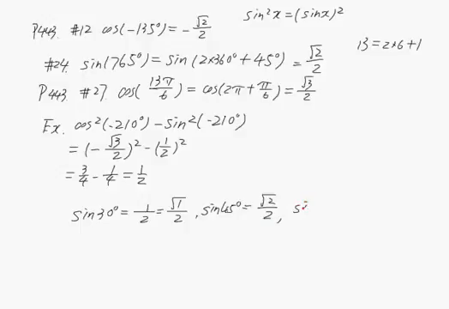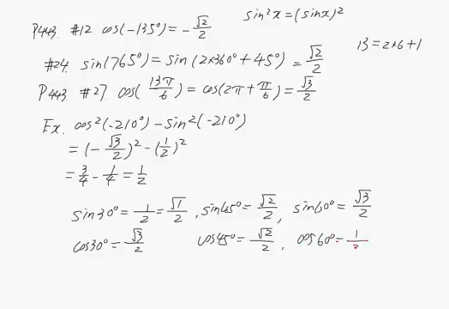And sine of 60 degrees is equal to root of 3 over 2. Then the cosine 30 degrees is equal to root of 3 over 2. And cosine 45 degrees is equal to root of 2 over 2. And cosine 60 degrees is equal to 1/2, and this can be written as the root of 1 over 2.